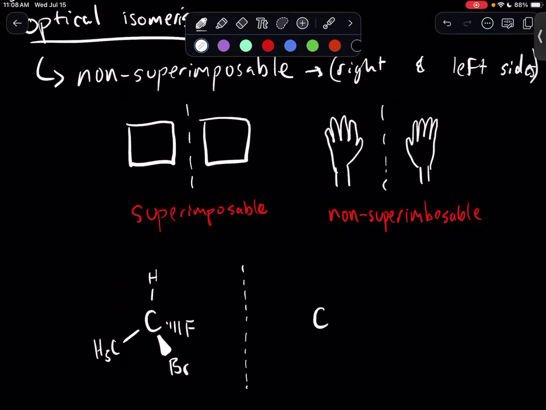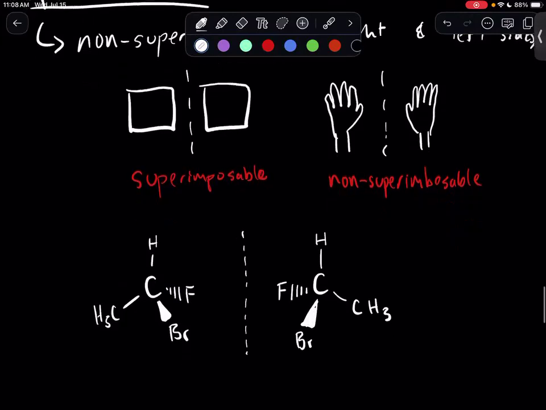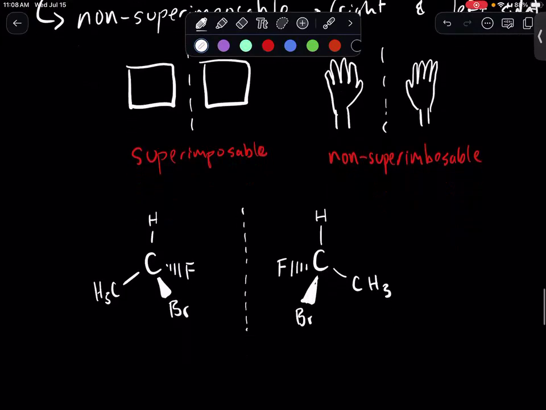And now I take another carbon that is literally a mirror image. We will put a dash fluorine, a wedge bromine, and then CH3. These are what we would call optical isomers. This is where we bring the term chiral.